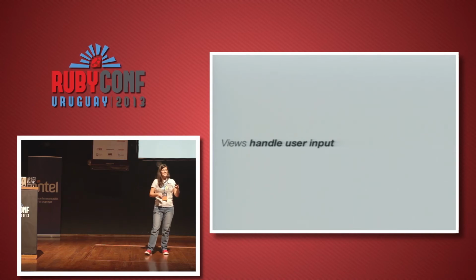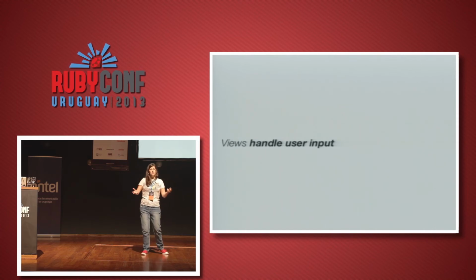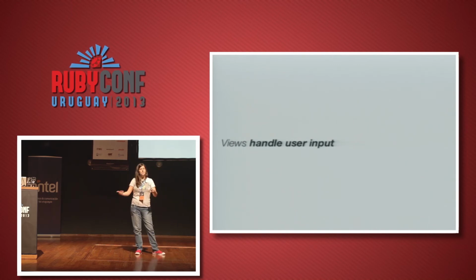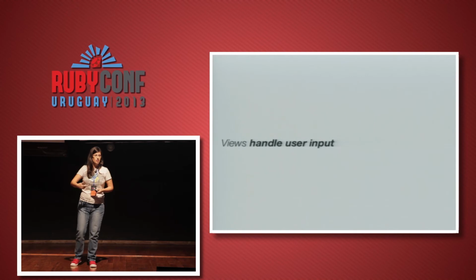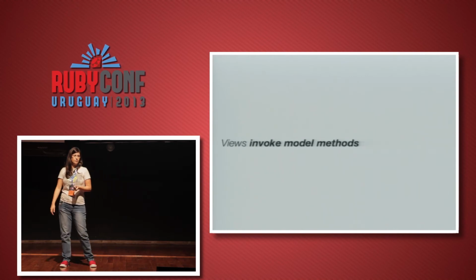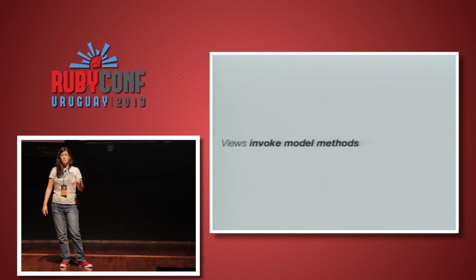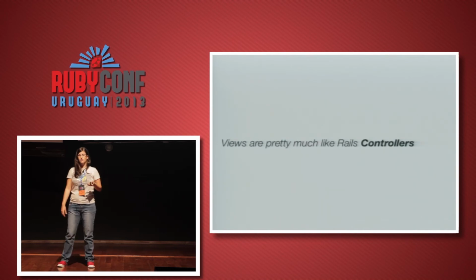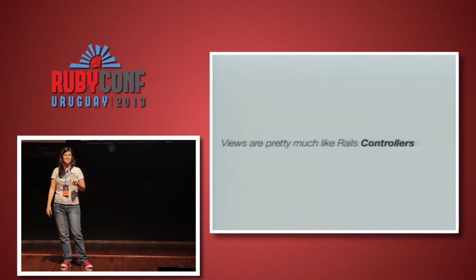So the views handle user input, the events that occur in the DOM. So they work on both sides: they handle user input, and they handle what you get from the data update. And they also invoke the methods of models. Views are pretty much like the Rails controller.